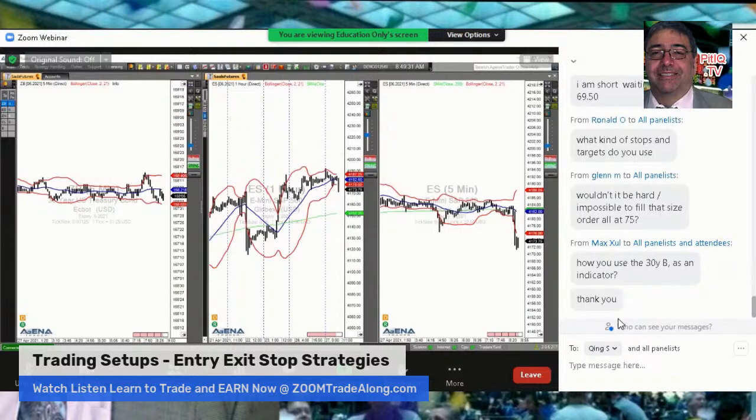But we don't use any indicators per se. We don't like indicators. They're not timely. Indicators are usually laggers. So as you can see, we don't have too many up here. We're strictly using price action opportunities that the market gives us, and we wait for those opportunities, and we let the market create those opportunities for us.